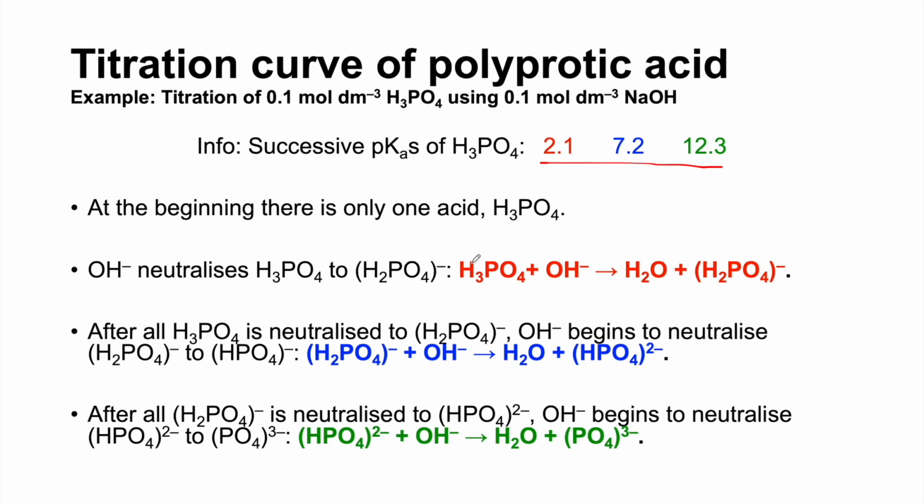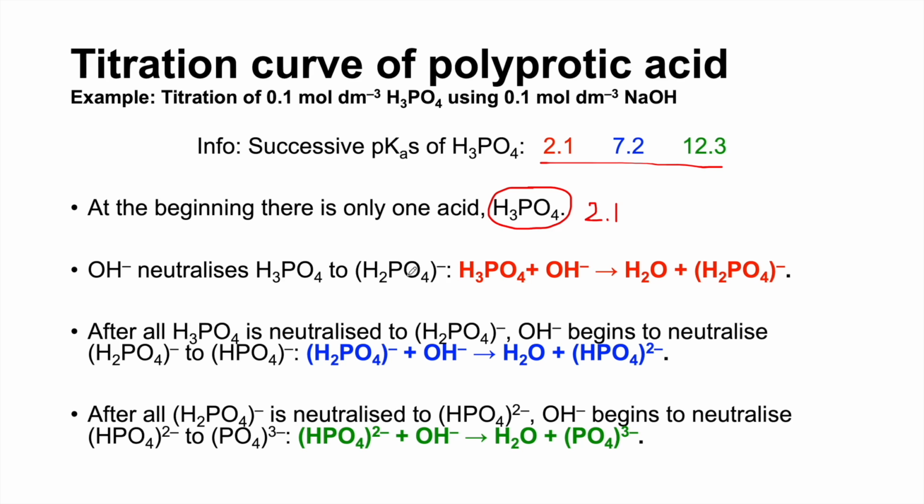We don't even need to decide who has the lowest pKa. It's obvious that 2.1 is the lowest, but we don't need to decide who gets neutralized first, because at the beginning there is only one acid, H3PO4, and this acid has a pKa of 2.1, so obviously that will get neutralized first.